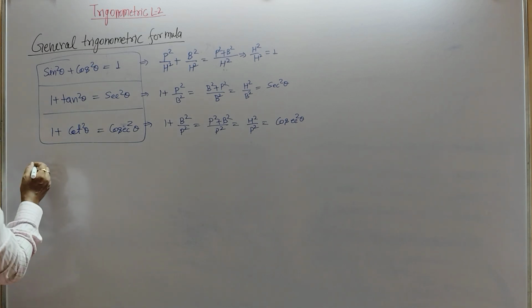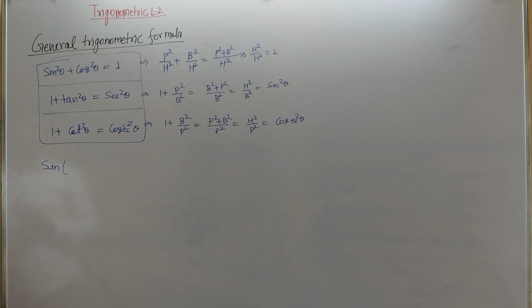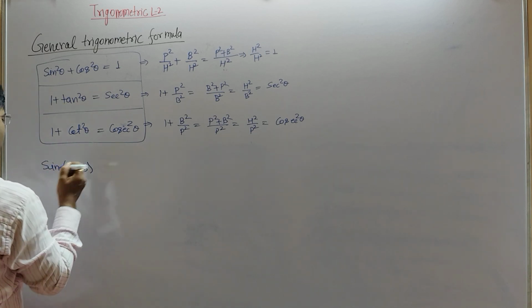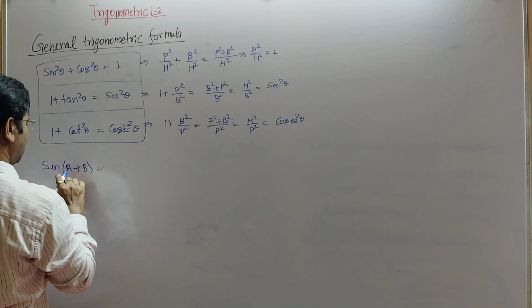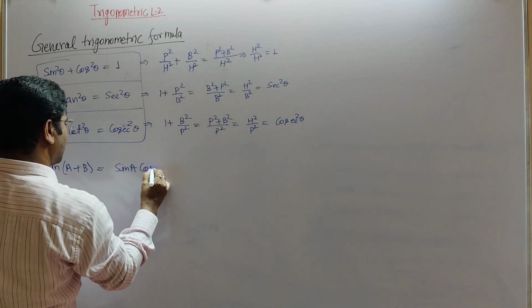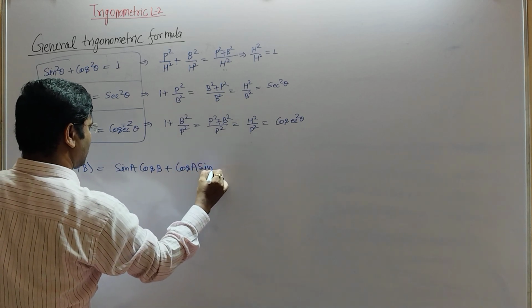Next we will see, if there are angles like a plus b, sine a plus b, if you break this, it is sine a cos b plus cos a sine b.